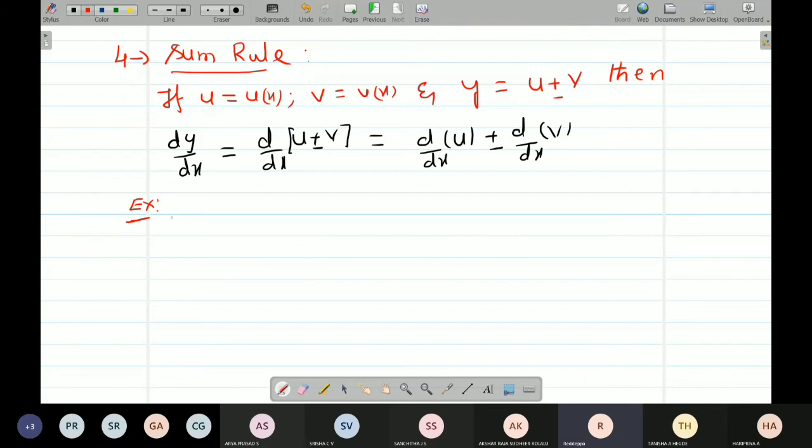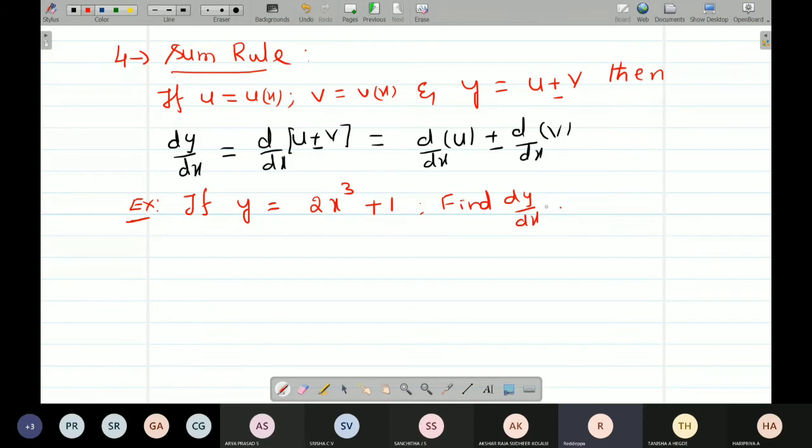Another example. If y is equal to 2x cube plus 1, then find dy by dx.